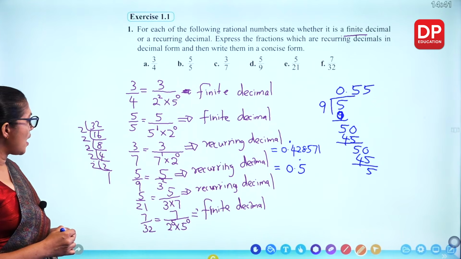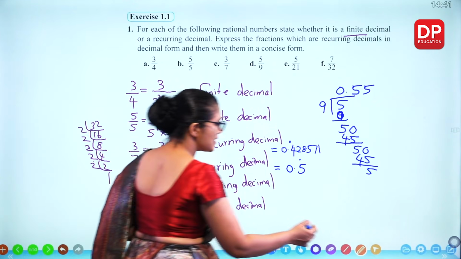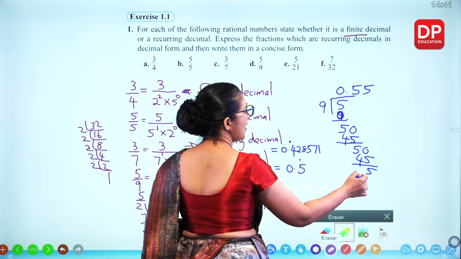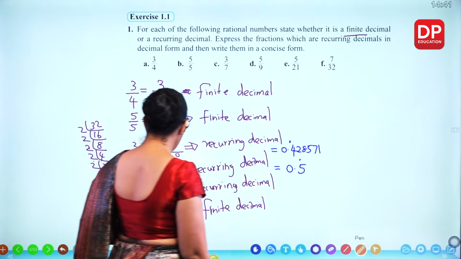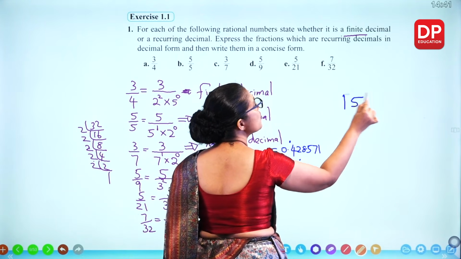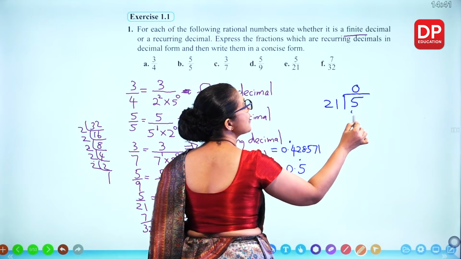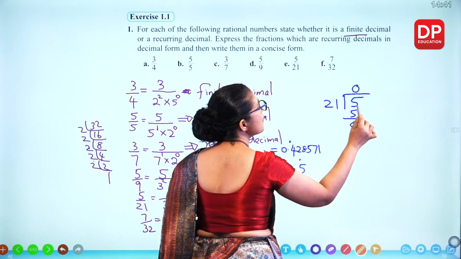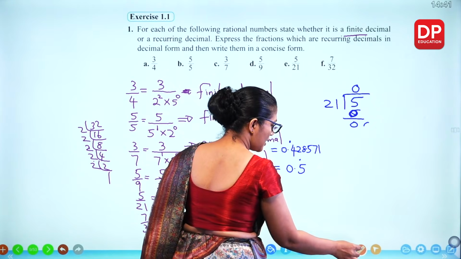What about the next one? 5 over 21. So we'll see how we can find out the decimal value. We'll take 5 divided by 21. How many 21s for 5? Nothing. Then you get 50.